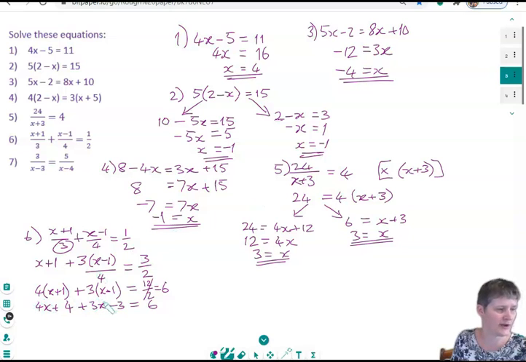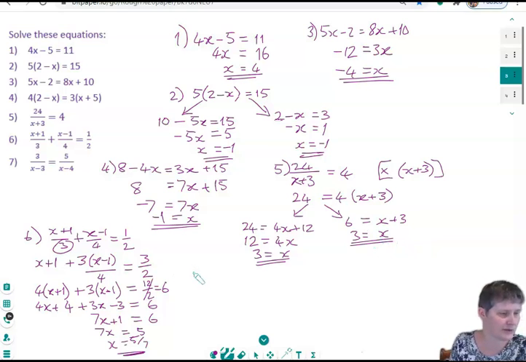So we've got 4x plus 3x gives us 7x. And if we've got 4 minus 3, that gives us plus 1 there. Subtract 1 on both sides. 6 minus 1 is 5. And finally divide by 7 both sides, so x is 5/7.